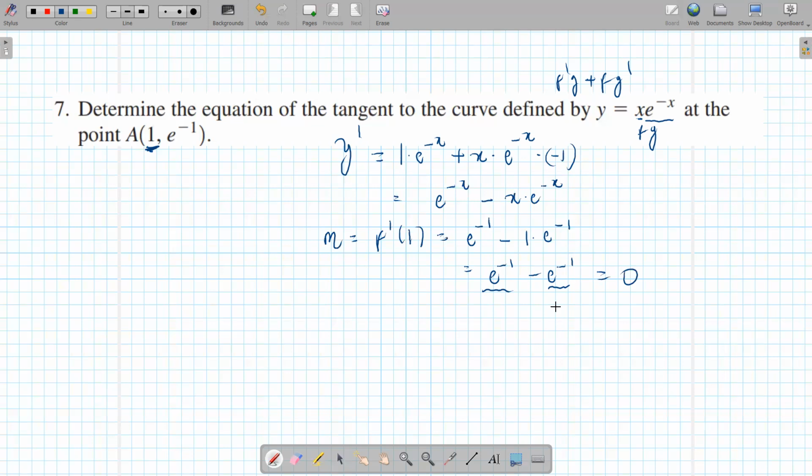It means there's a turning point. When the x value is 1 for this function, there is a turning point. Therefore, the equation will just be a horizontal line, right? It's going to be y equals to whatever that value there is, the y value there. Cool?